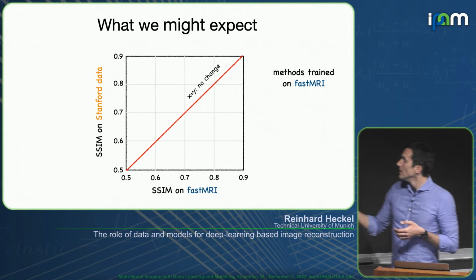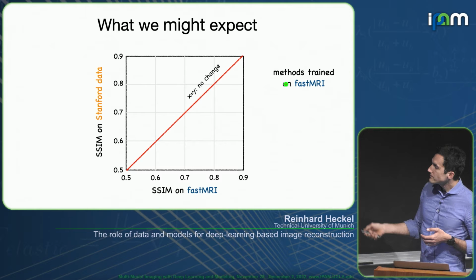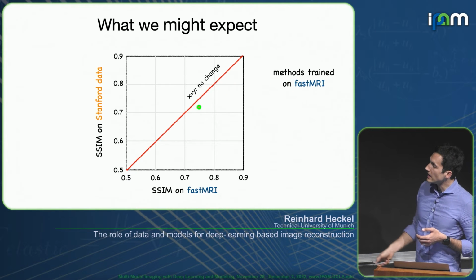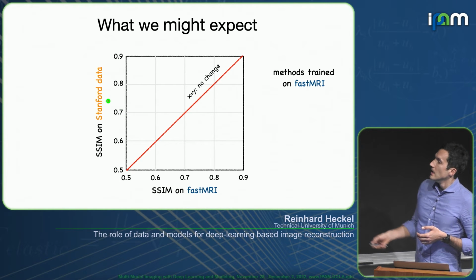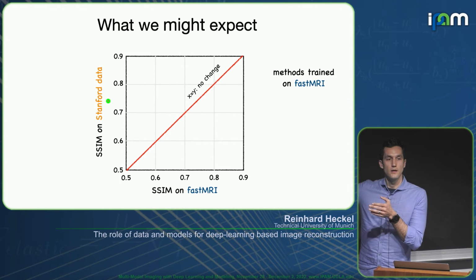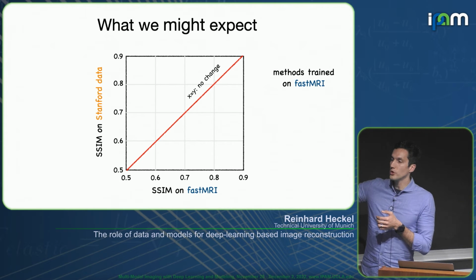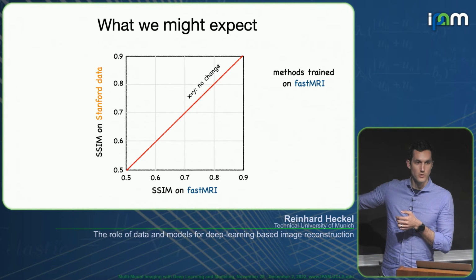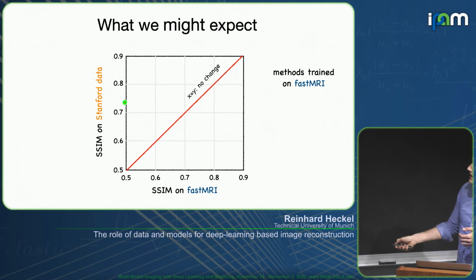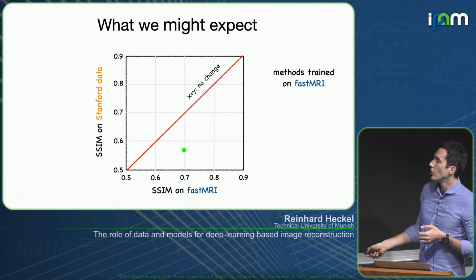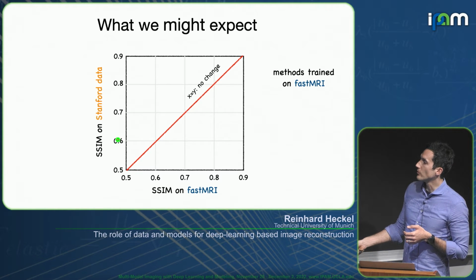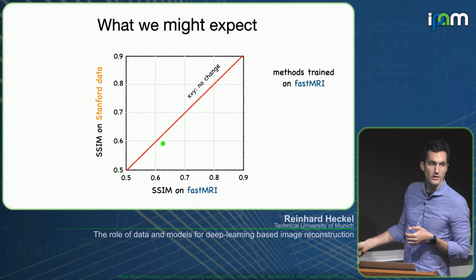So here we evaluate on FastMRI down there, and here we evaluate on the Stanford data. So now we can put a point for each method, right? For example, if we have a point here, then it means the method gives 0.7 on FastMRI and gives 0.6 on the Stanford data.